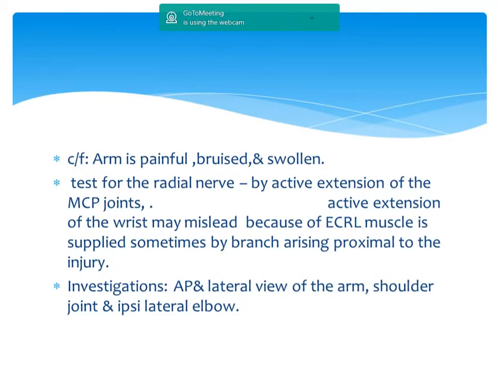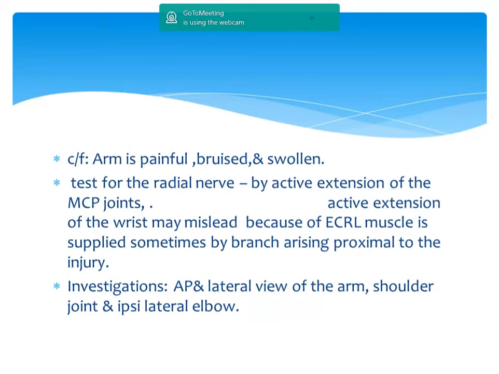If on clinical examination the patient's arm is painful, bruised, and swollen, you have to check the radial nerve by active extension of the MCP joints and active extension of the wrist.